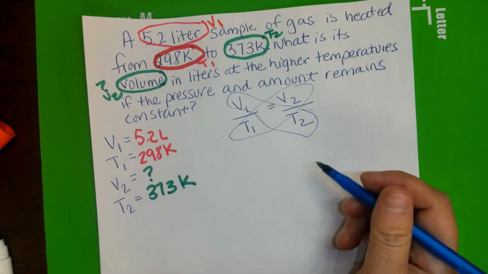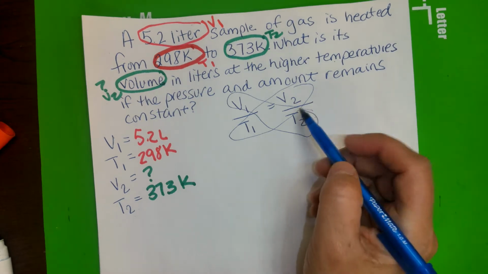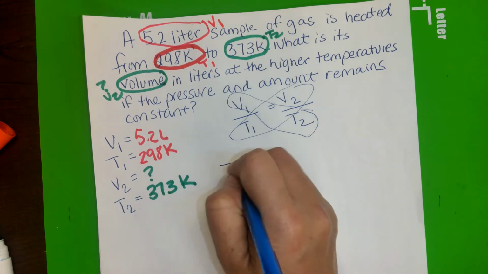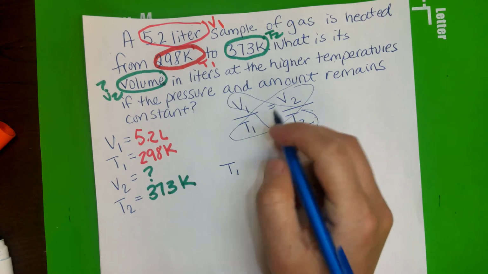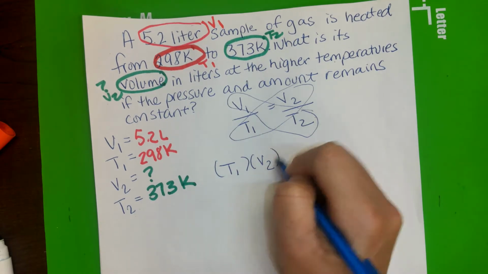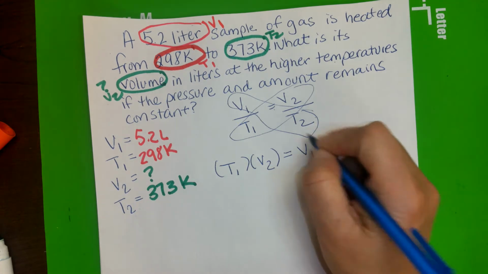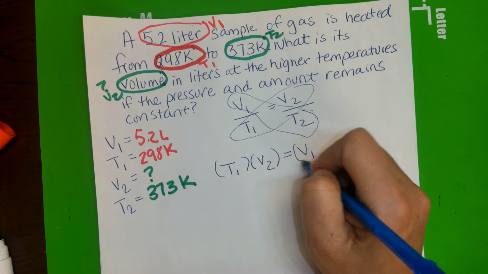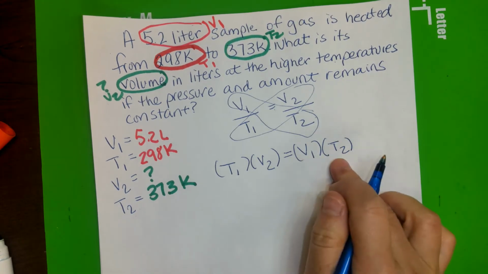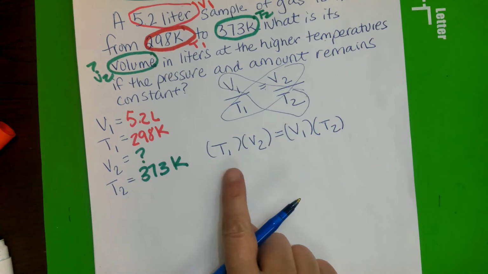So it would be T1 times V2, and that equals V1 times T2, and I'm going to put parentheses just so I know you're multiplying. Once you cross multiply, you can go ahead and plug it in.